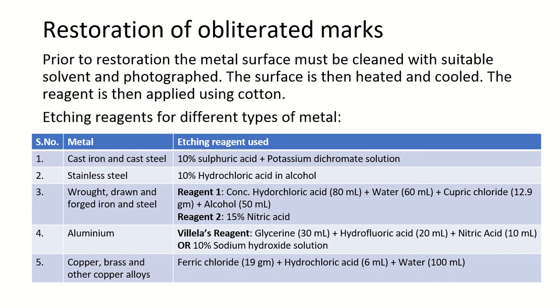For aluminium, there is Villela's reagent, which consists of 30 ml glycerine, 20 ml hydrofluoric acid, 10 ml nitric acid, or 10%. Other than Villela's reagent for aluminium, 10% sodium hydroxide solution can also be used. For copper, brass and other copper alloys, 19 gram ferric chloride, 6 ml HCl in 100 ml of water is used as the reagent.